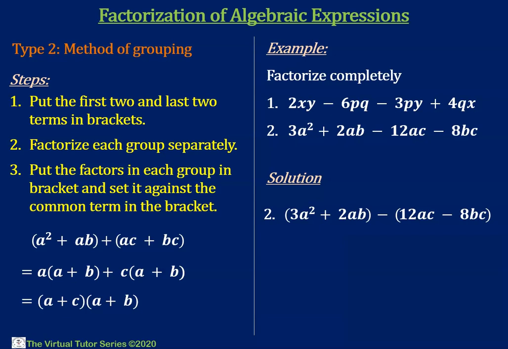So for the first group, we have a into bracket 3a plus 2b, bracket closed. And for the second group, we have negative 4c into bracket 3a plus 2b, bracket closed.